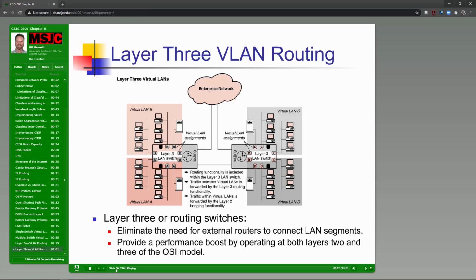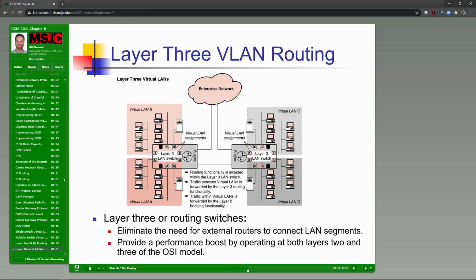With a layer 3 switch, you now have network layer or routing capabilities built into the switch itself. That's why these switches are much more expensive than your standard layer 2 switches. They're capable of forwarding the traffic between their own virtual LANs and other virtual LANs that exist out there, because they use network layer routing capabilities, and they're able to build routing tables, just like a standard layer 3 device or router would be capable of doing.